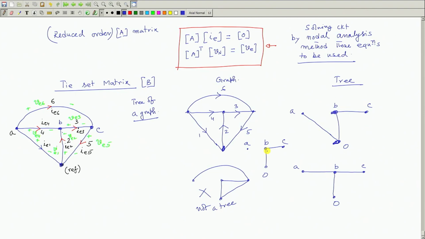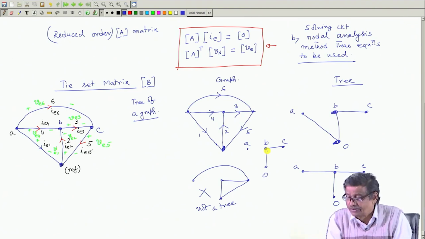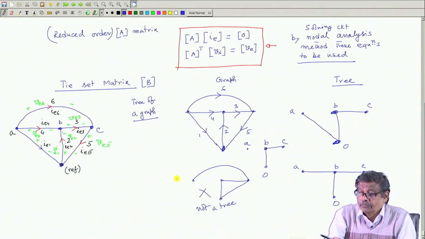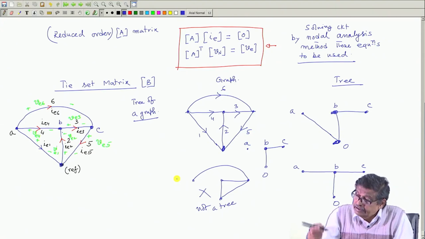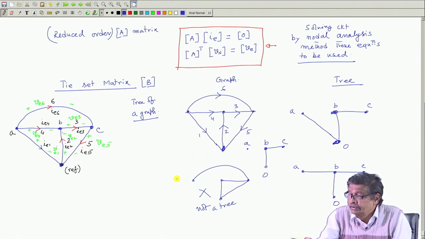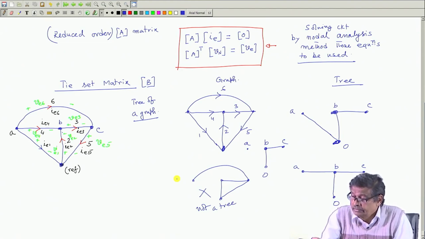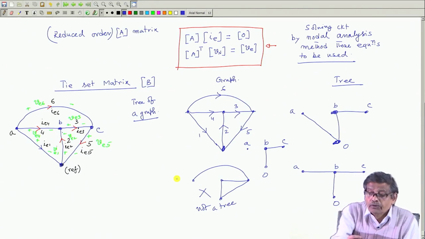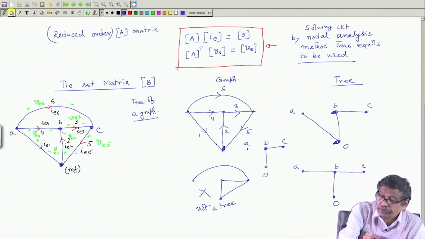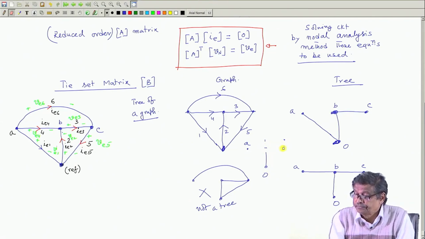I will say no, because you have shown all the nodes, but this node is left out on its own, so it cannot be a tree either. So, a tree is a subset of the elements present in a graph in such a way that all the nodes will be there, nodes will be connected and there should not be any closed loop formed. That is it. I hope you have got the idea of a tree.